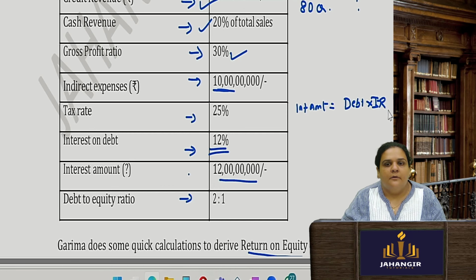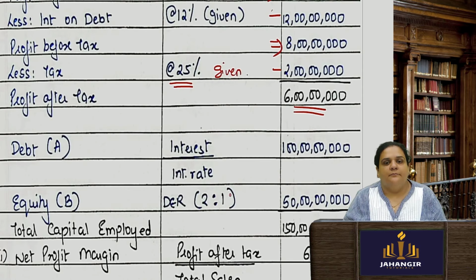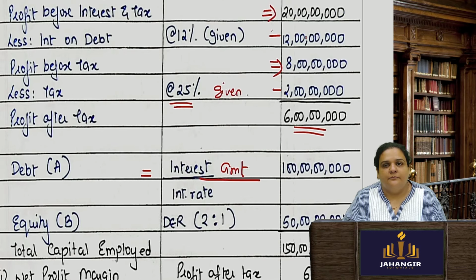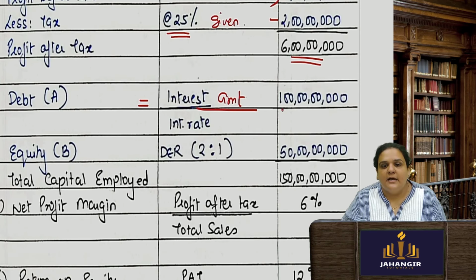Now interest amount I have, debt I don't know, interest rate also I have. So interest amount divided by the interest rate, I will get the debt amount. So 12 CR divided by 12%, 100 CR is your debt.